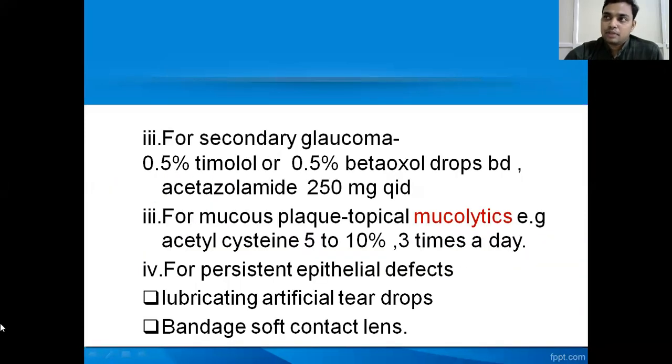Glaucoma is treated with pressure lowering drops like timolol, betaxolol, and acetazolamide tablets. Mucolytics like acetylcysteine can be given. In order to promote epithelial healing, we give lubricating eye drops and apply a bandage soft contact lens.